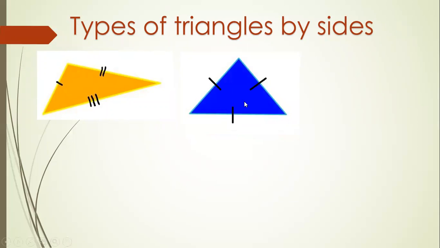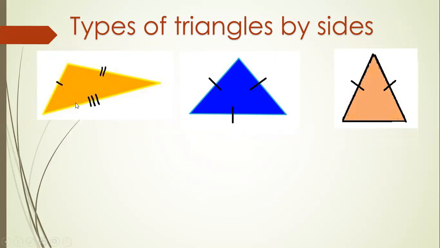Now coming to this one, all the three sides are having only one line which tells all the three sides are of the same size. Now here the third figure says that these two sides are of equal length, whereas this third side differs from these two.